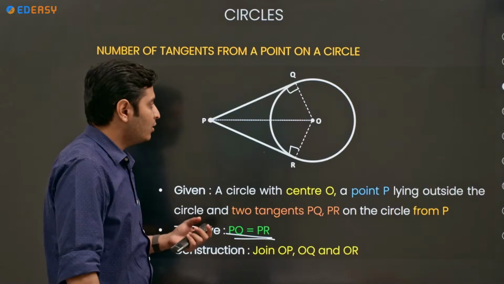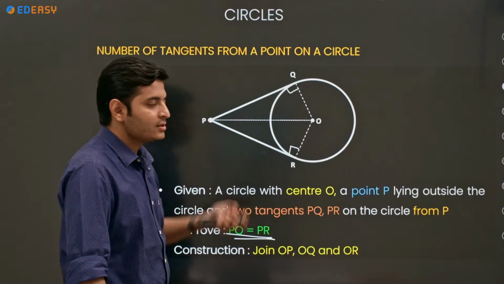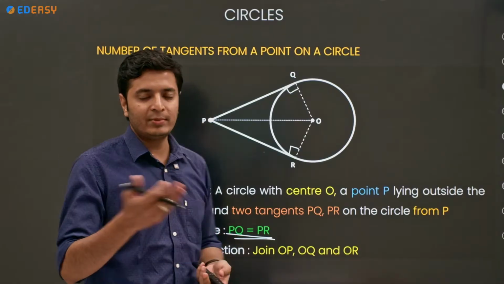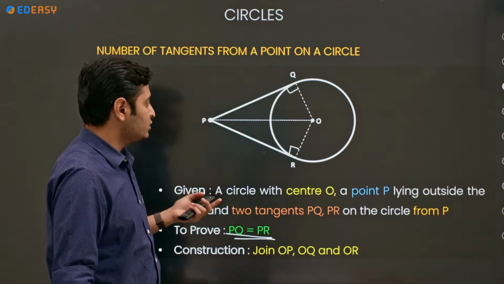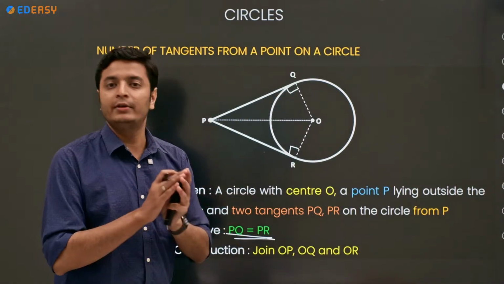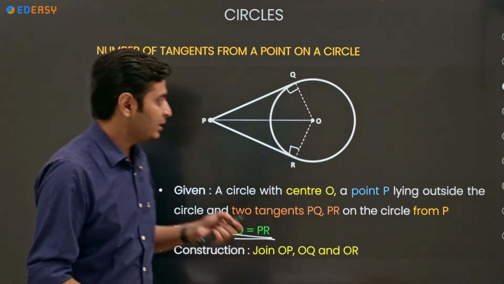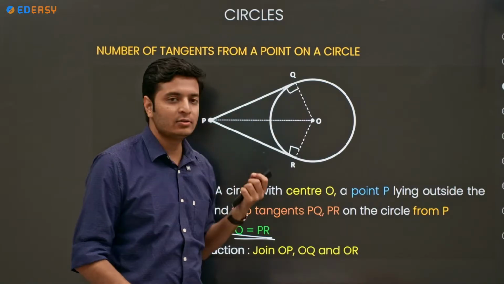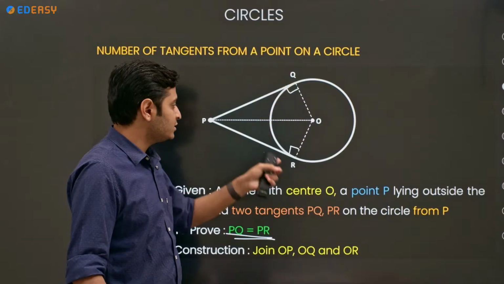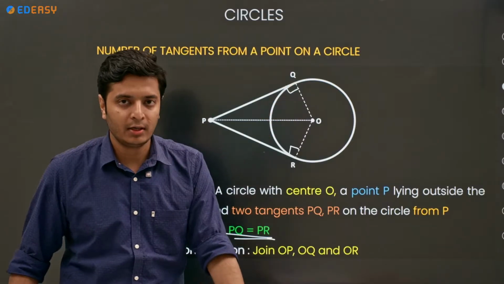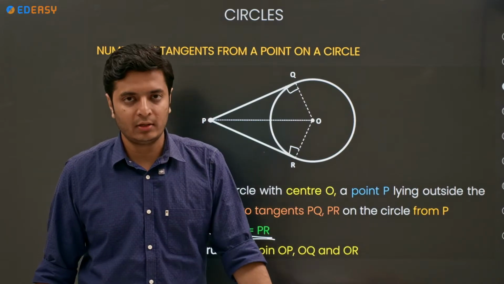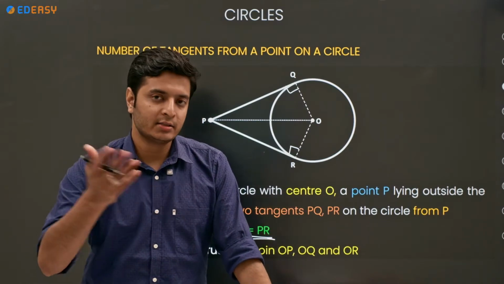Now, if somehow I can prove that these two triangles are congruent, then we can use CPCT there, and according to CPCT, we can say that PQ is equal to PR. As of now, we don't know if they are equal or not. But if I can prove that these two triangles are congruent, then for sure we can use CPCT and state that PQ equals PR. Now, in case of two right angle triangles, we can always go for the RHS congruence rule.